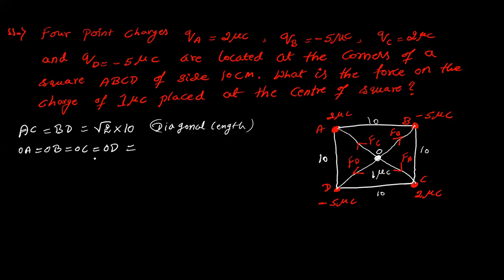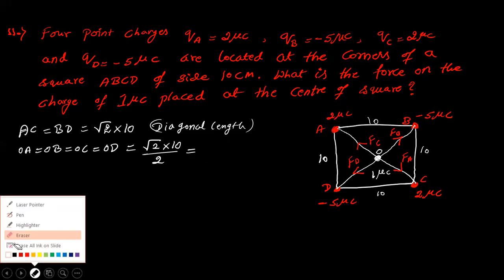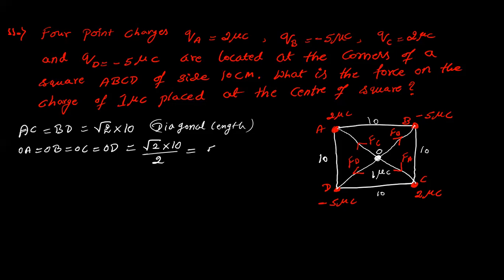Now I am finding the distance of each corner from the center. Divide by 2, then it gives 10 by root 2, or 5 root 2 centimeter. This is 5 root 2 centimeter. I'm converting into meter as 10 power minus 2.